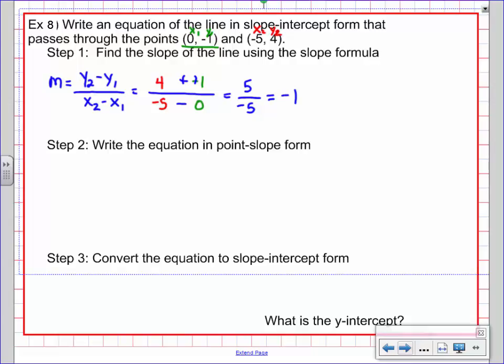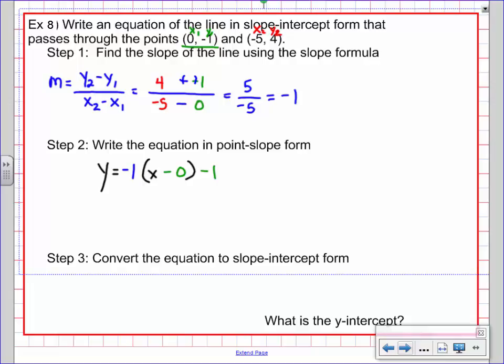Once we have the slope, now we have a slope and a point, and so we can write it in point-slope form. So y equals, with x in a parenthesis, our slope always comes out front, and our point goes inside, so I'll use the first point again, (0, -1). Well, isn't that convenient? When I have a 0, there's not a whole lot of work to be done.